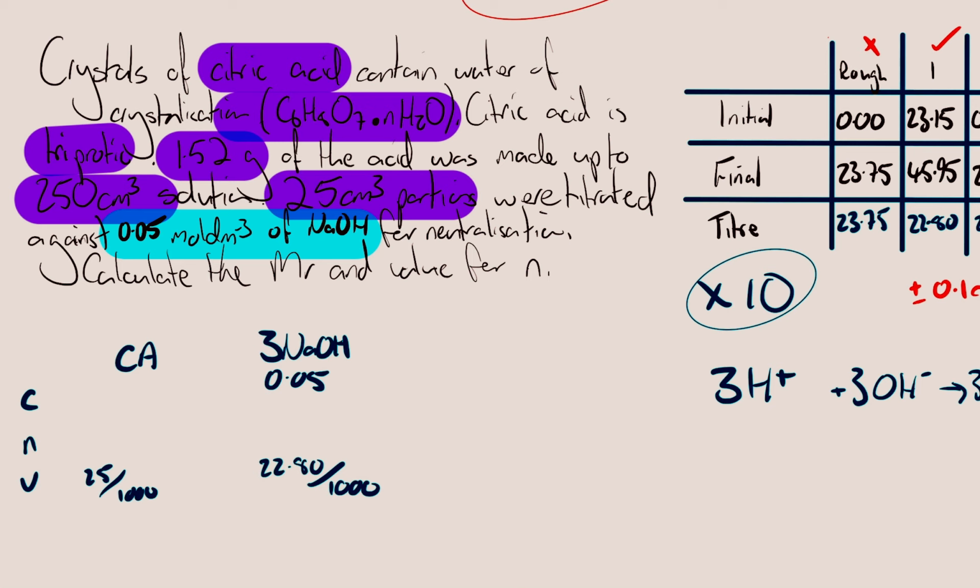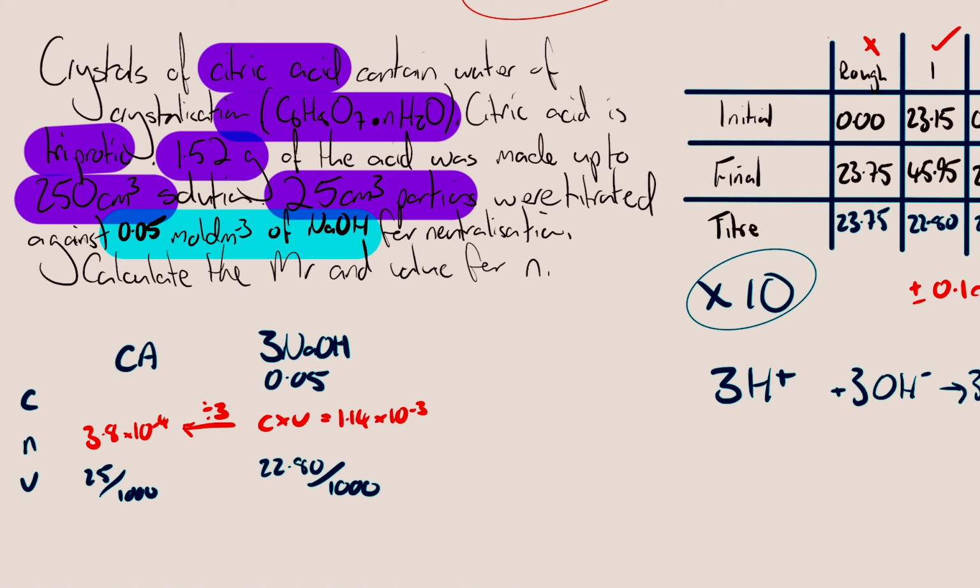Now let's start working. C times V to work out my moles here. And there I get to 1.14 times 10 to the minus 3. Here I'm going to need to divide by 3, and I get to 3.8 times 10 to the minus 4.